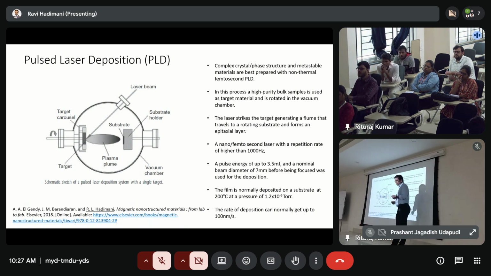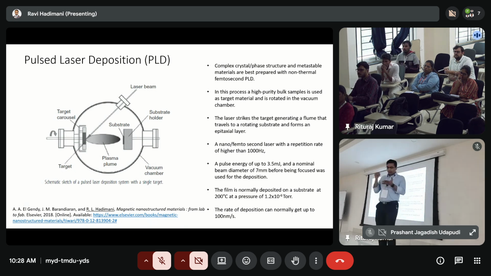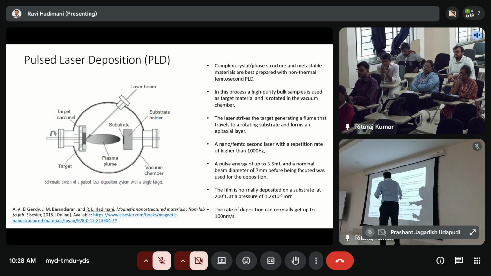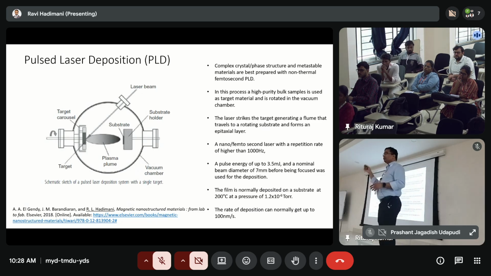In a nanosecond laser, what happens is you ablate the material by local heating. The laser heats up, whereas in a femtosecond laser, it's a completely different phenomenon. So what do you think happens when you put a laser on any material?